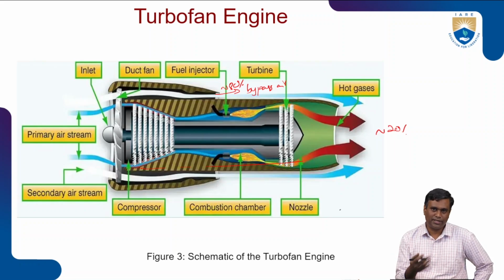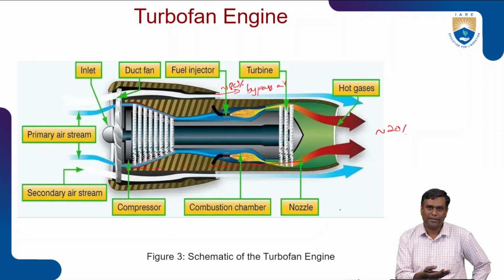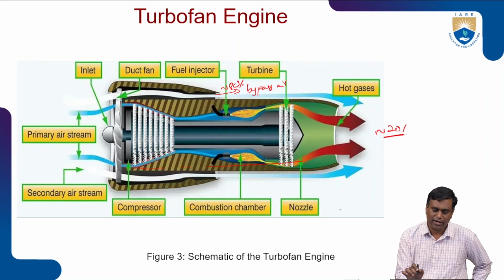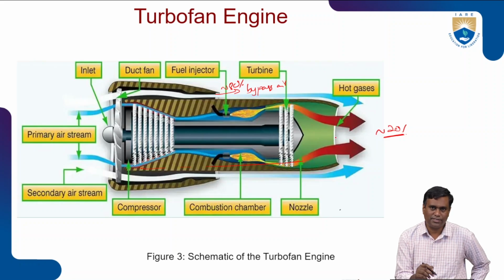So the core jet engine is functioning or running to drive this fan, which generates approximately 80% of thrust, right? It's not that the fan independently generates 80% thrust and the gas turbine engine is of almost no use, with only 20%. No, the entire power generated by the gas turbine engine is used to drive the fan, which generates 80%, and the rest of the 20% is from the core engine.